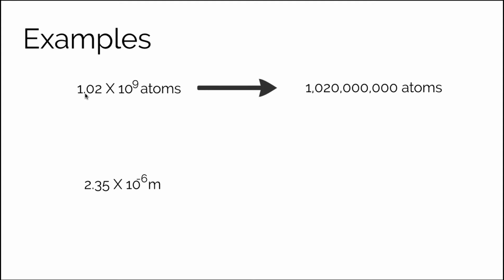In this one, we have the decimal place here between the 1 and the 0. And in this next number, we have it right here at the end. It's an implied decimal. Now, to go between them, notice that your exponent is the positive ninth power. So we're going to take that same starting place of our decimal and shift it over 9 places to the right.